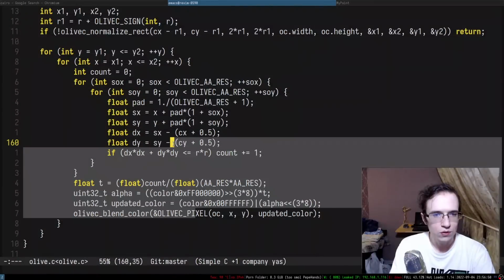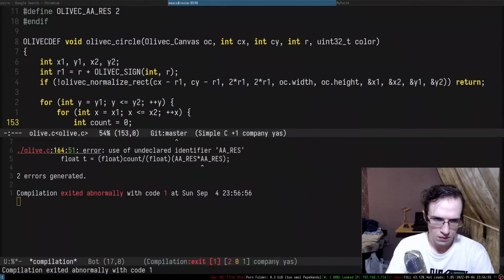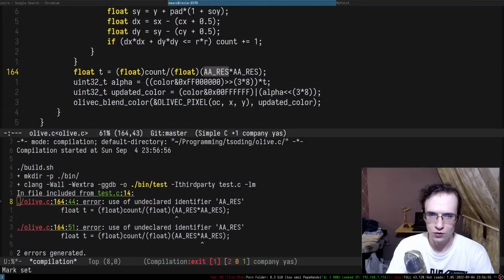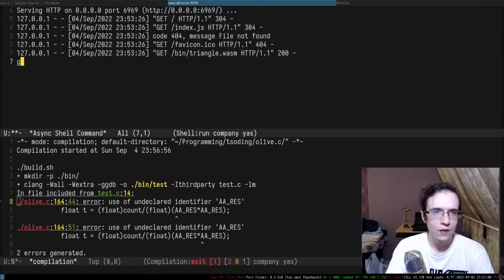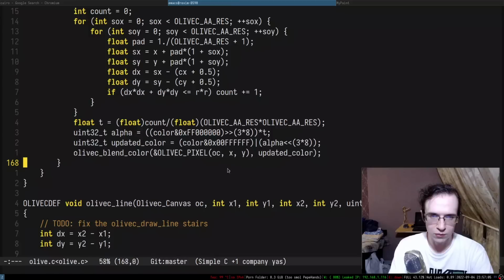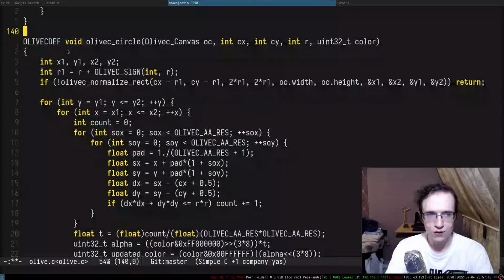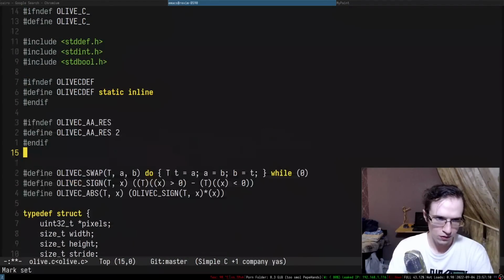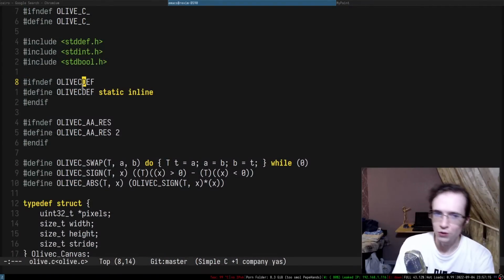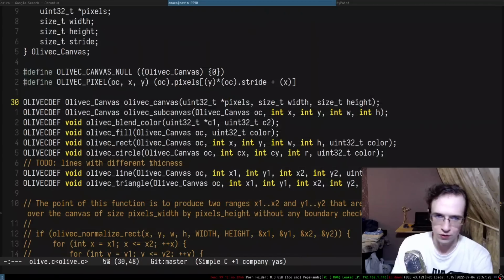All right, so let me see. Okay, so this one has to be that. There we go. So now this resolution is controllable, right? So you can specify how much of the resolution, and I think I'm gonna put that thing at the top. We already have a very similar parameter, which is called Olive.c def, right? Essentially it's a macro that is put in front of each function definition.